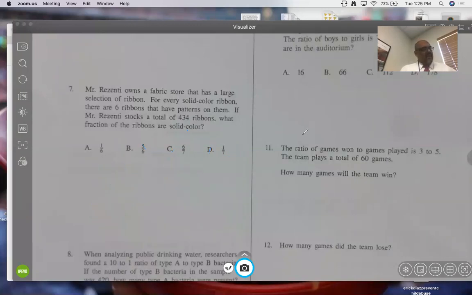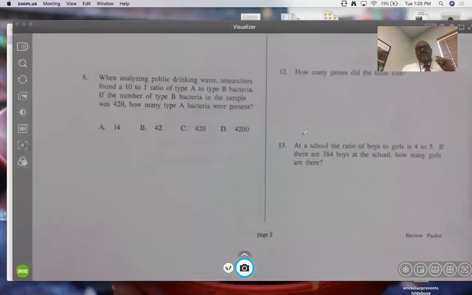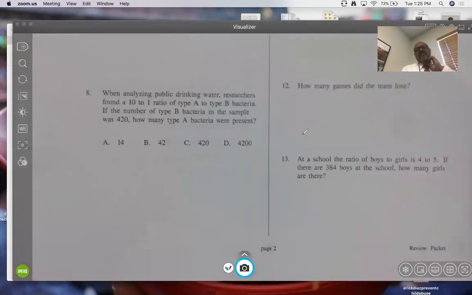Okay, question number 8. Should be at the bottom there. When analyzing public drinking water, researchers found a 10-to-1 ratio of type A to type B bacteria. This one looks like an arc of death one. So I have 10 of what type?